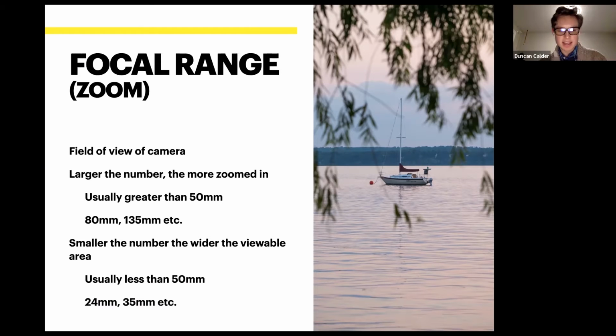So in this case, you can zoom in, so going to a higher number, so 80 millimeters, 135 millimeters, etc., to be able to zoom further in onto the image to have a smaller depth of field, or you can zoom out to have more of a wide view of the area.